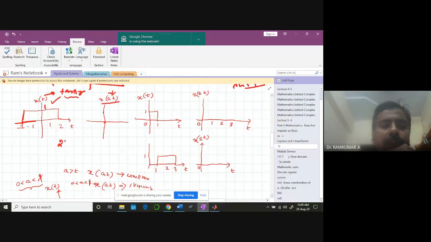So 2t will be 0. This entire scale is in terms of units, 1, 2, like that. It is time t. I am now talking about a different scale, 2t. So in that case, whatever has happened at 1, now it's going to happen at what time? Can somebody help me out?